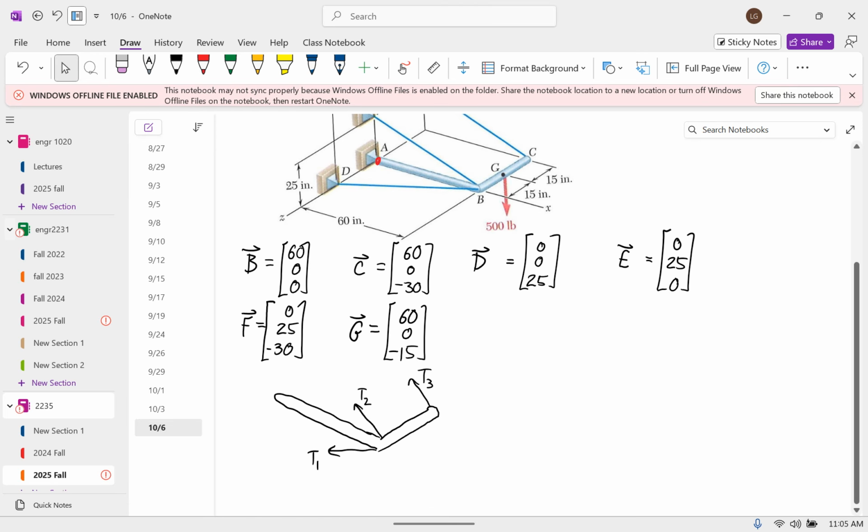And then we have the ball and socket joint. That allows no translation, but any rotations. So that's just three force components. So I'll call this the R vector. And then we have a downward force of 500 pounds.